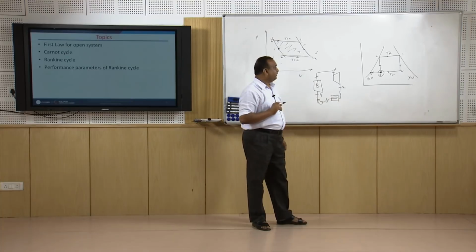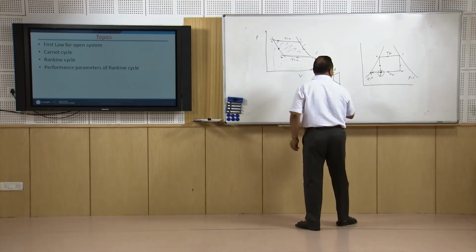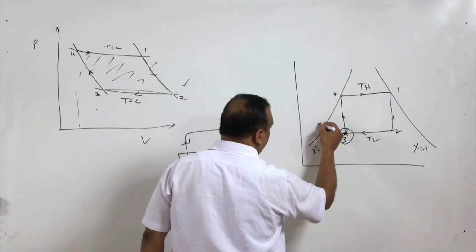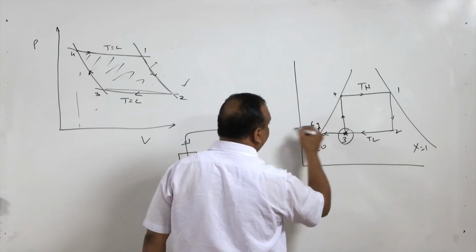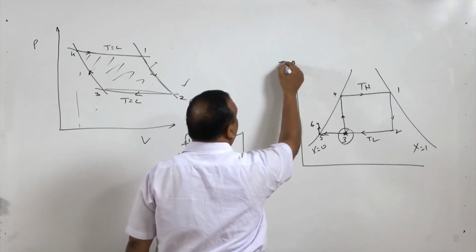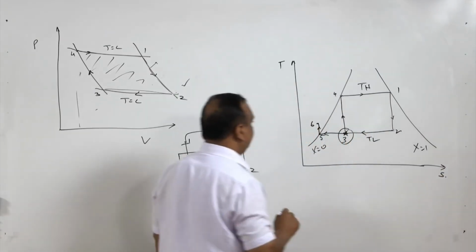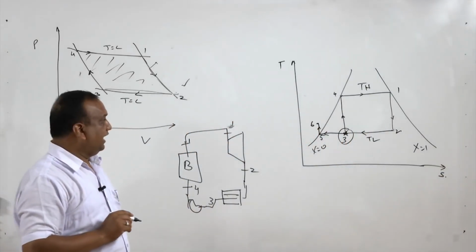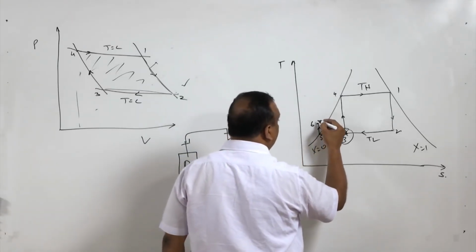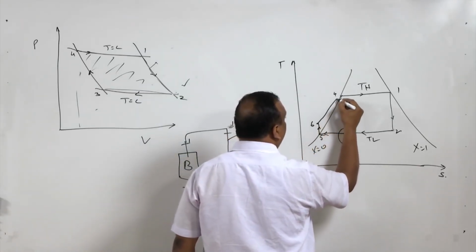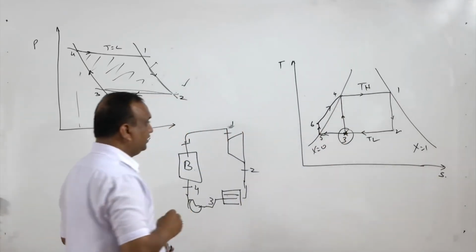And when the entire vapor is converted into saturated liquid, the pressure of this liquid can be increased with the help of a pump, and we get state 6. This is temperature and this is entropy. And after attaining this pressure, state 6, the liquid is sent to the boiler for heat exchange, and process 6 to 1 takes place inside a boiler.